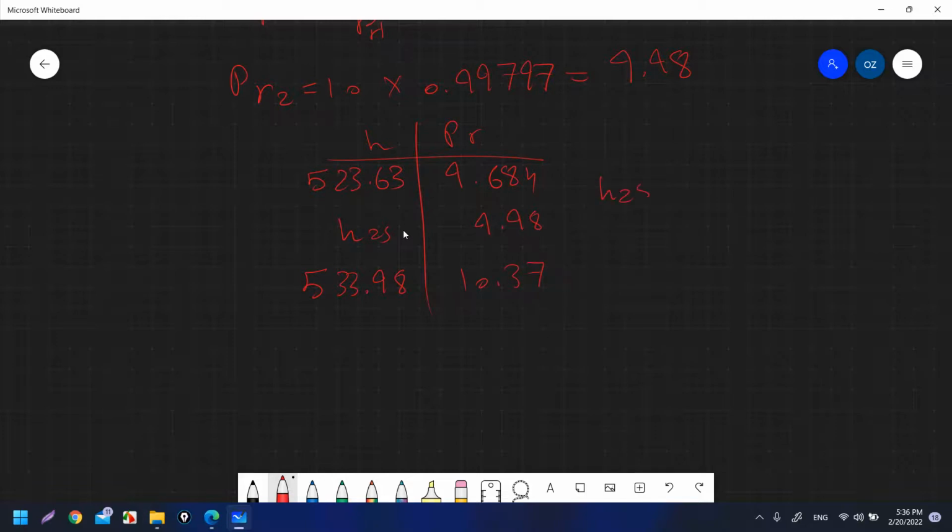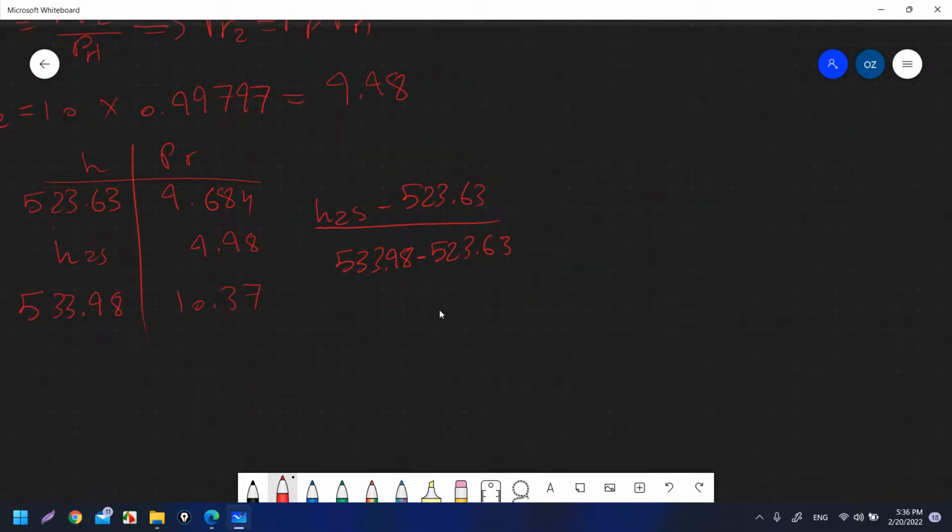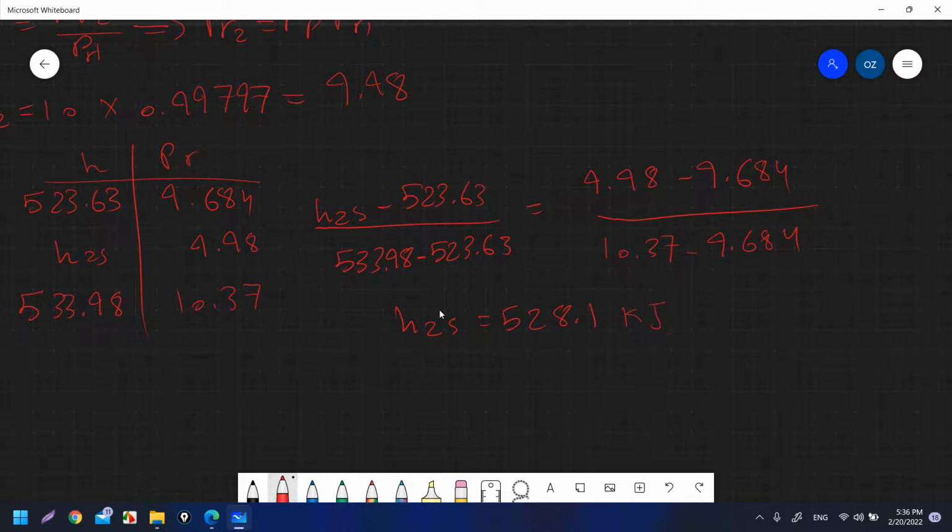So H2S minus 523.63 over 533.98 minus 523.63 is equal to 9.98 minus 9.684 over 10.37 minus 9.684. So H2S will equal 528.1 kilojoule per kilogram.